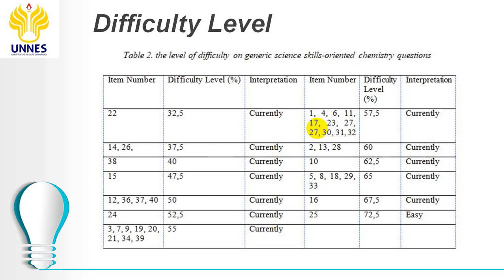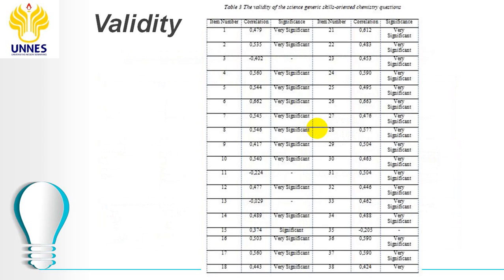Okay, next. Validity. Validity is used to determine the level of accuracy of a test in carrying out its function, namely as a measuring tool. The type of validity used to measure the ability of student learning outcomes is content validity.